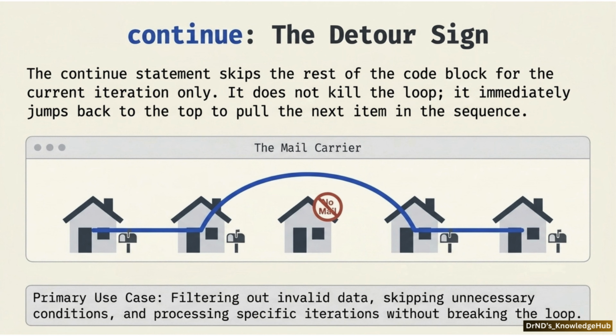That is exactly how continue works. It is especially useful when we want to ignore invalid or unwanted data while continuing to process everything else. Examples include skipping absent students, ignoring expired medicines, and filtering invalid laboratory data. The loop continues normally after skipping only that particular iteration.